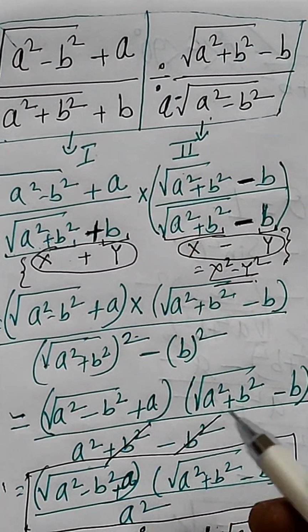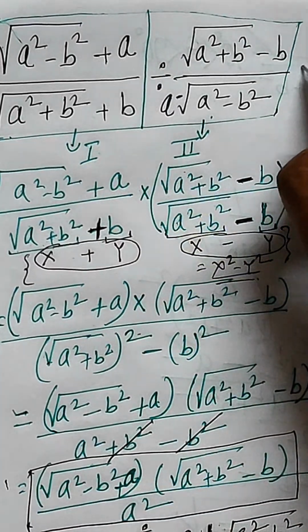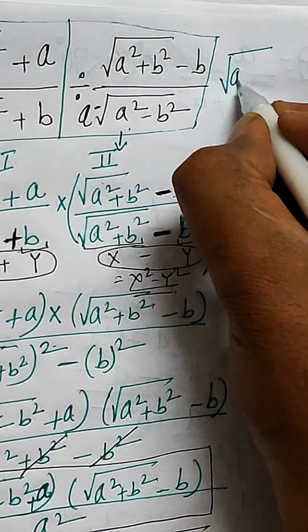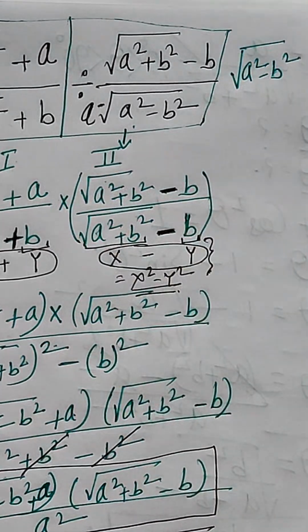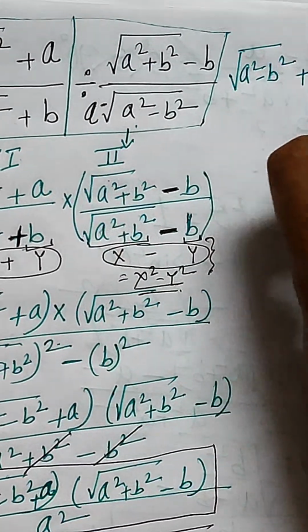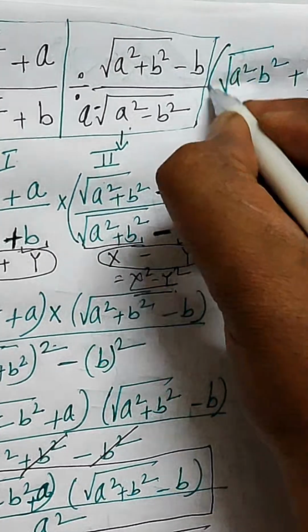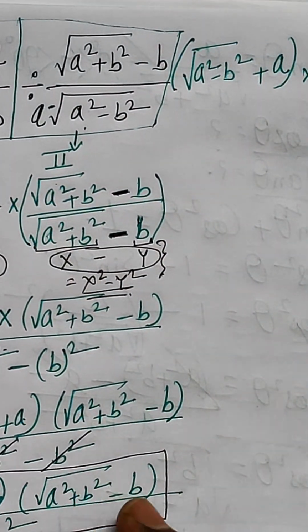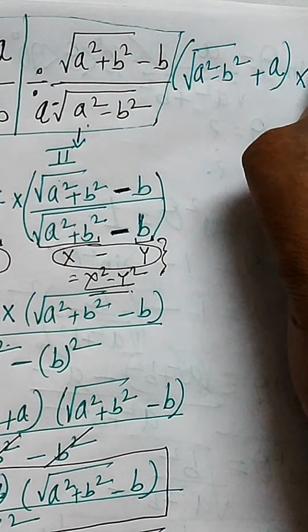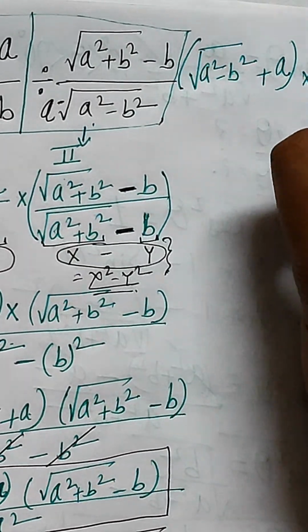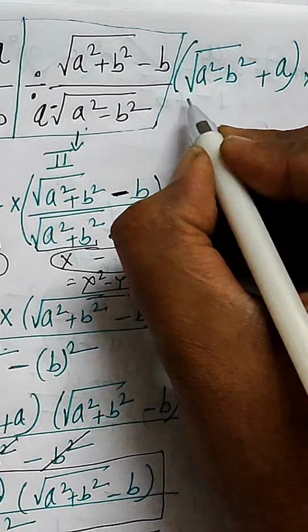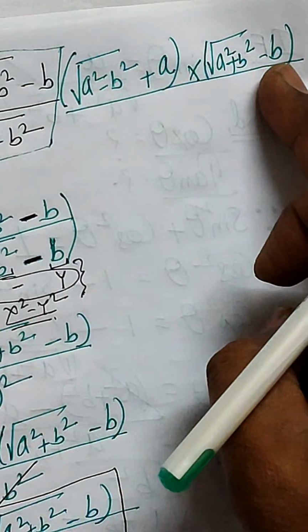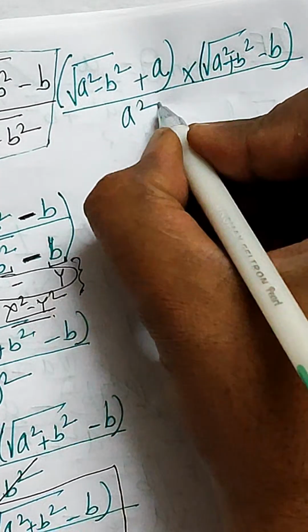So the first term value was, let me write it over here, root over of a square minus b square plus a, multiplied with, and just copying the same over here, whatever we have derived for the first term, root over of a square plus b square minus b, divided by a square, right?